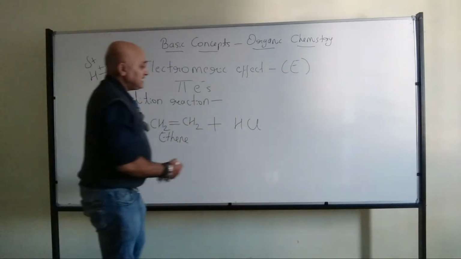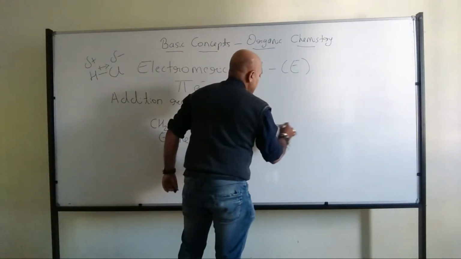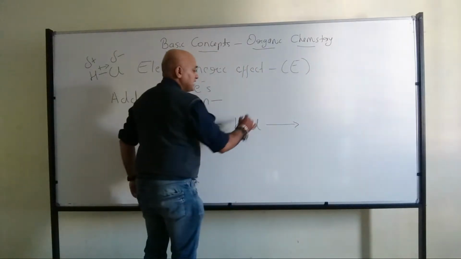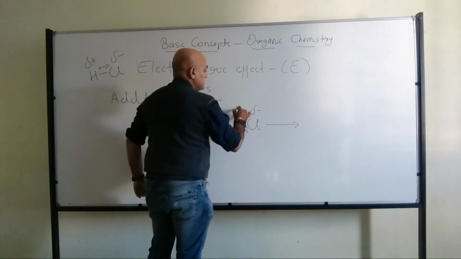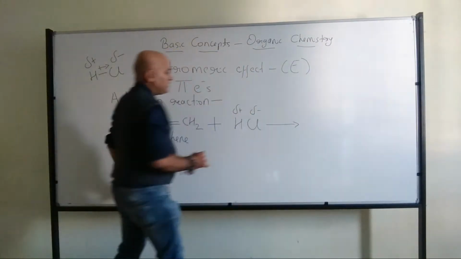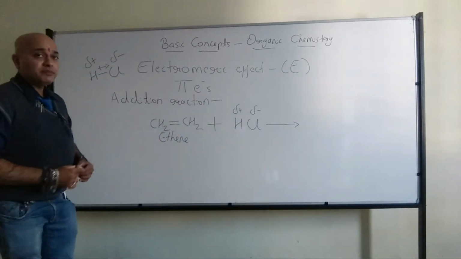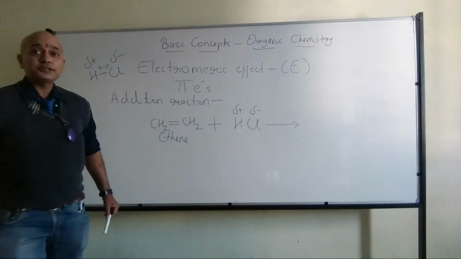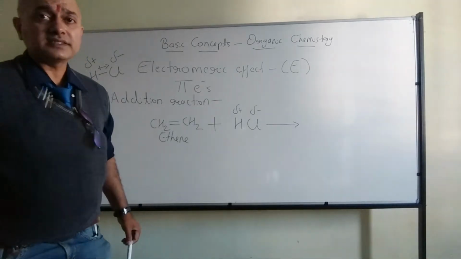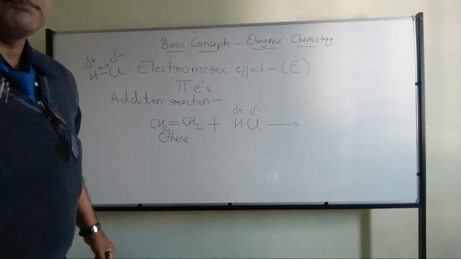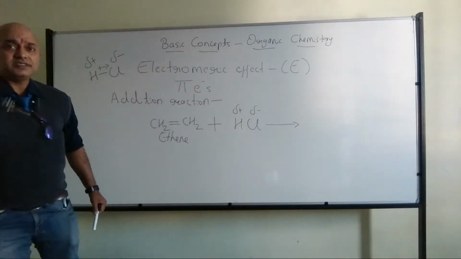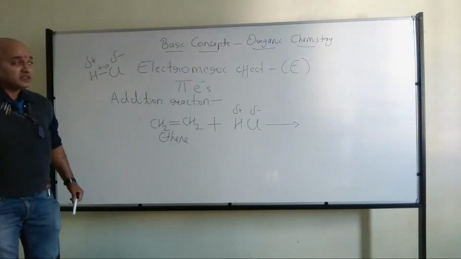Now, this HCl can be easily dissociated as H plus and Cl minus, right? All of you will agree? It will be easily dissociated as H plus and Cl minus, because HCl is a strong acid.